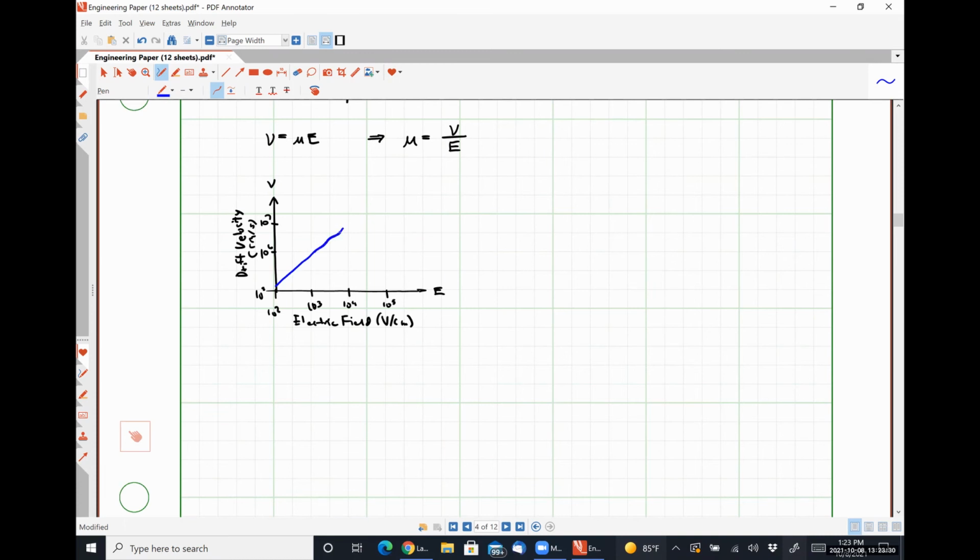A pretty linear relationship, and once we pass a threshold, it kind of flattens out. And we're going to see something extraordinarily similar for holes. I really wish I could draw a straight line.